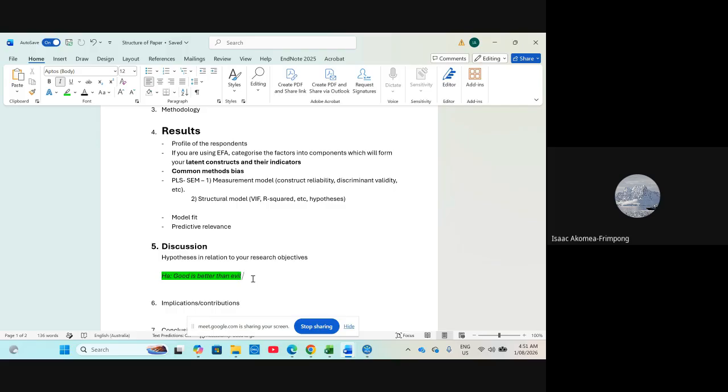And good is better than evil because so and so and so and so. So here you explain. This is where you have to bring in some nuance. You have to be very specific. And here, we expect you to be very practical.